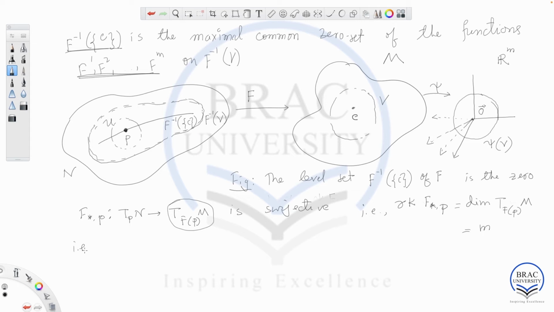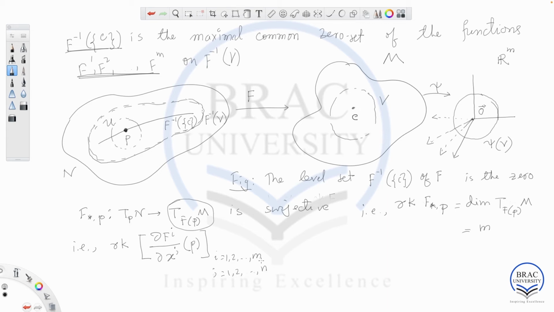So that is the rank of the Jacobian matrix, del F_i over del x_j evaluated at P. Okay, it's a matrix where i runs from 1 to m and j runs from 1 to n, right?